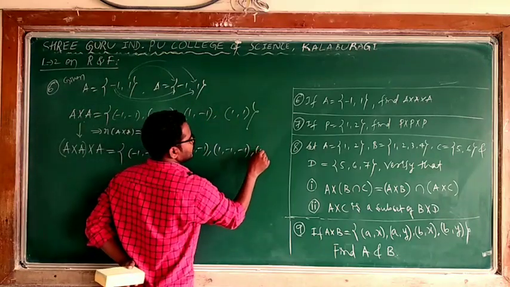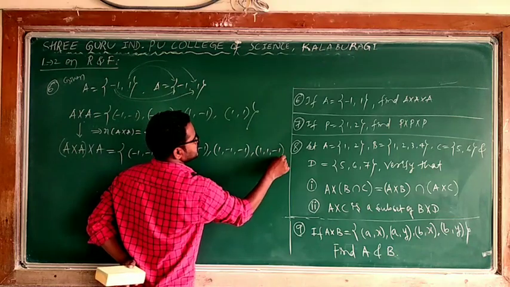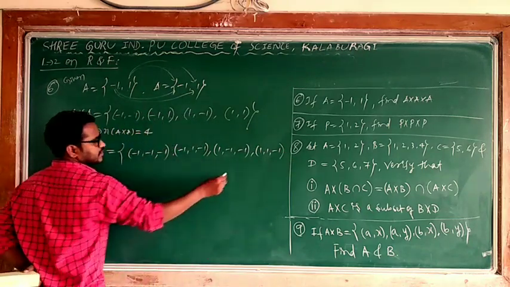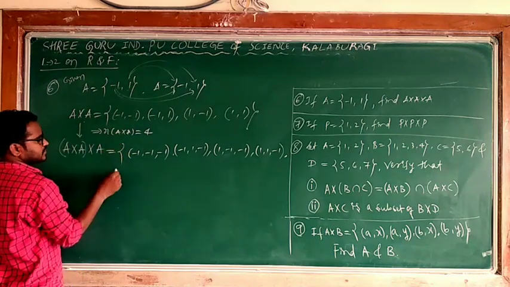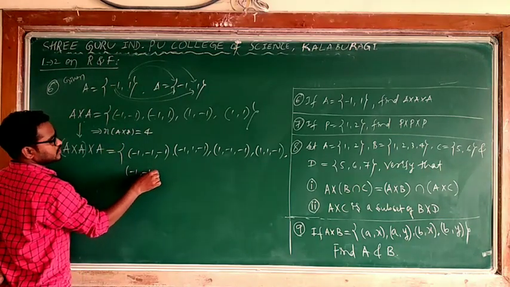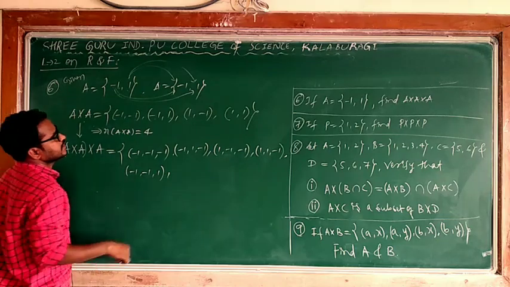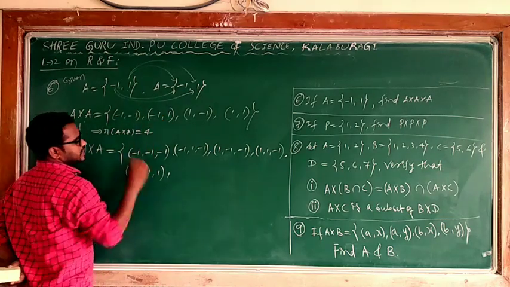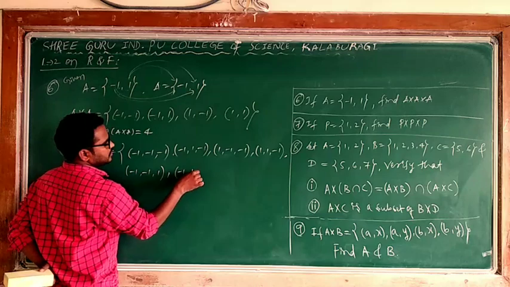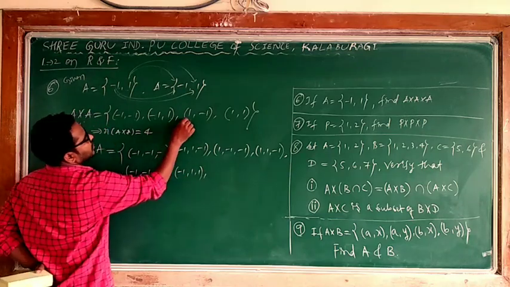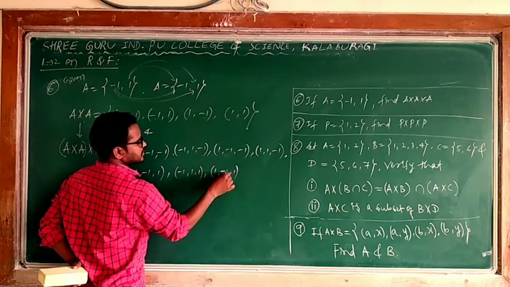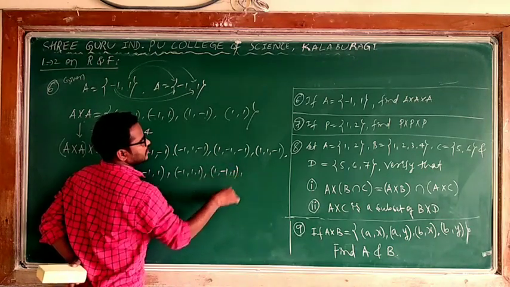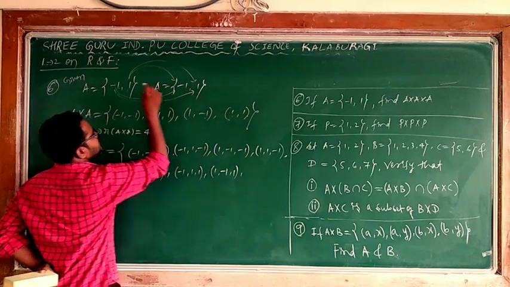Here 1, 1 I am multiplying with minus 1, so I will write here, then comma, then minus 1, plus 1, minus 1, plus 1. Yes, then minus 1, plus 1 again. Yes, 1, minus 1, plus 1. Then 1, 1 with 1.